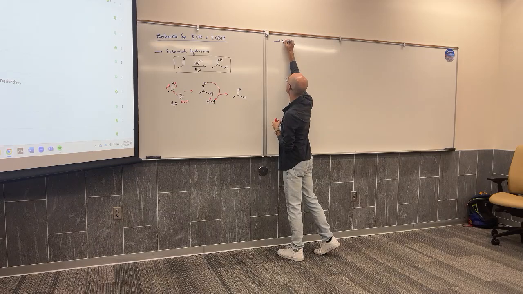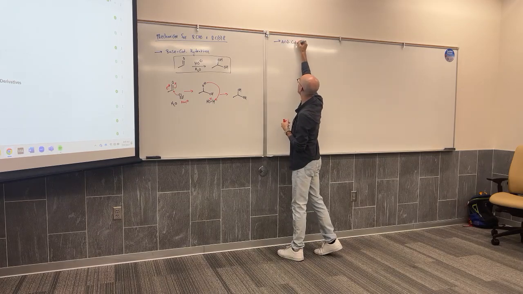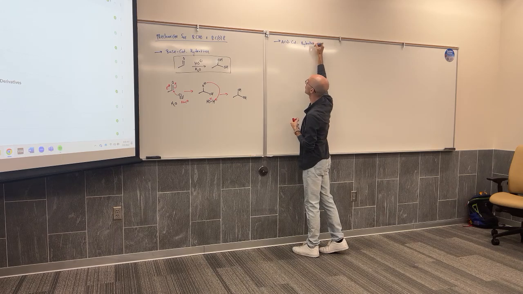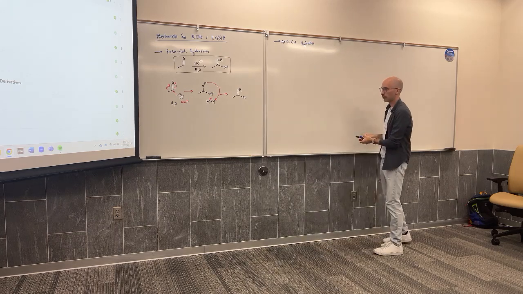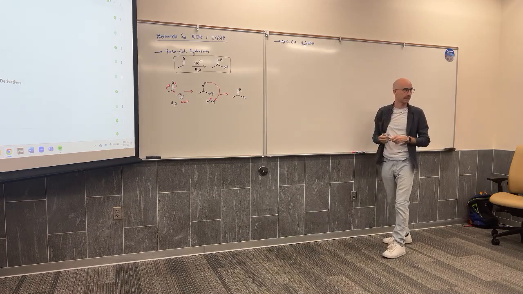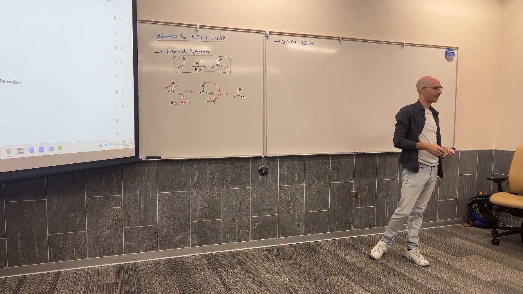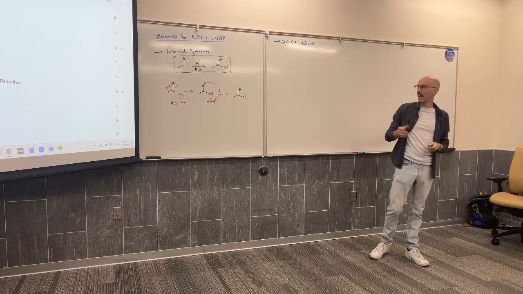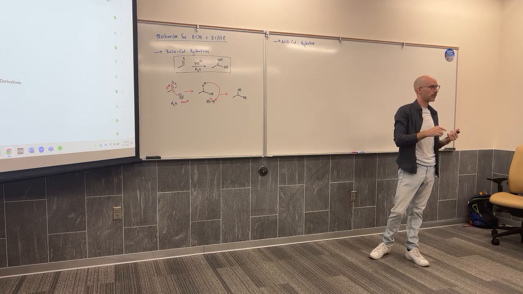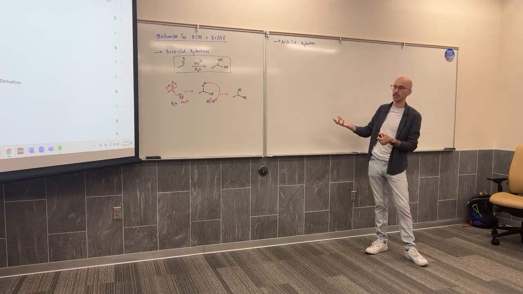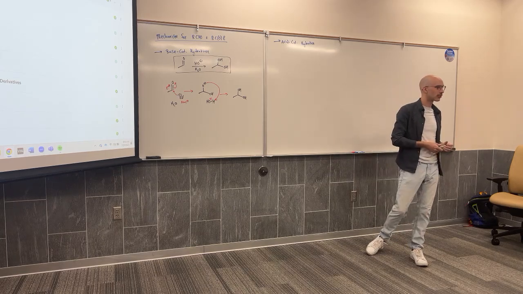So I want you to think in basic conditions, there should be a negative charge throughout the mechanism. Let's be honest, there is a positive charge somewhere. You can't get hydroxide without having potassium ion or sodium ion or ammonium ion. There's something balancing hydroxide. That something is irrelevant.